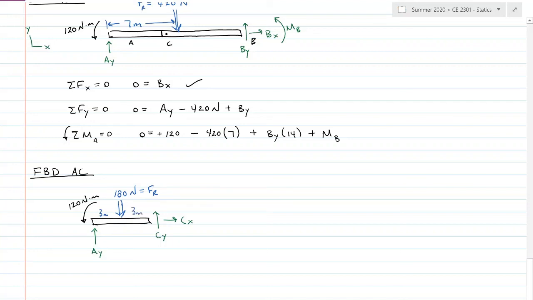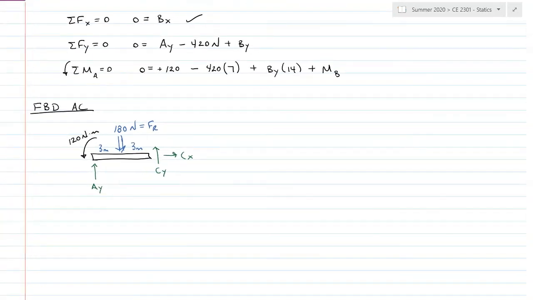So I have an all new free body diagram. Summing for the forces, well, you know what? All I need is the reaction AY. And the quickest way to do that is to sum moments about C. That'll take care of my two unknowns at C because they have zero distance, so they do not create a moment. So I'm going to have my moment couple, 120 Newton meters.